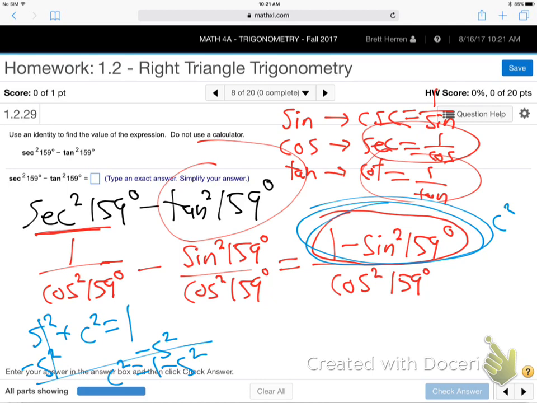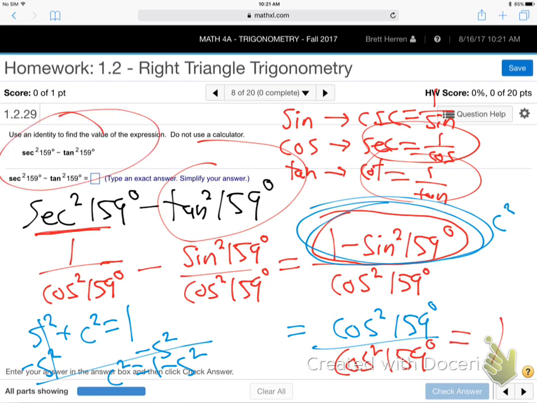So I replace all of this with cosine squared of 159, of course. So that'll become cosine squared of 159. And the bottom hasn't changed. I'm not messing with the bottom. The bottom has been cosine squared of 159 for a while now. So then what does this equal? This is a big fancy 1. We just proved it's a big fancy way to say 1 by using the identities.